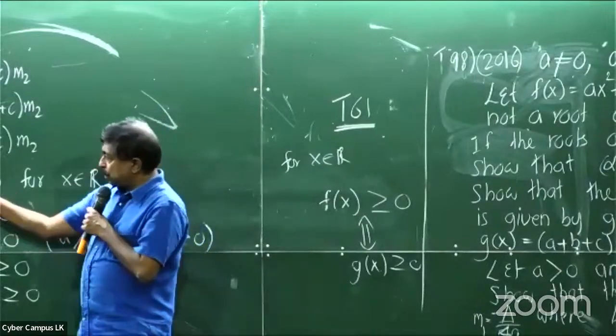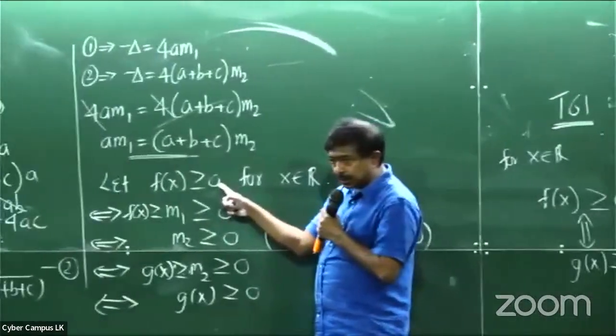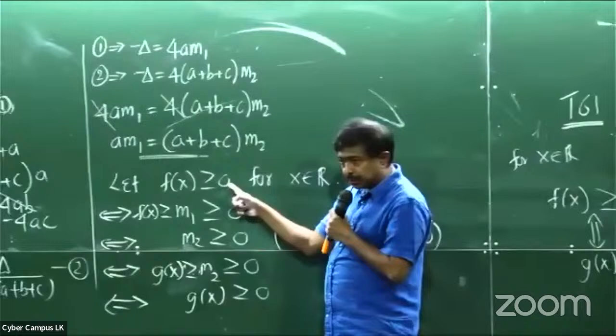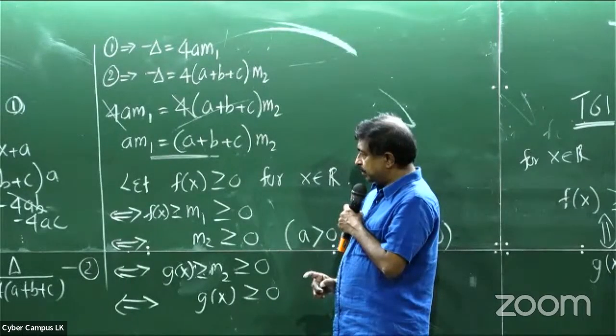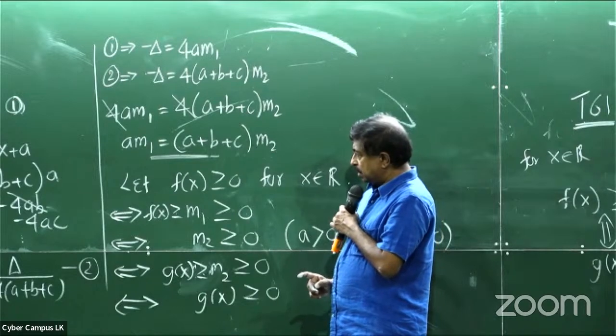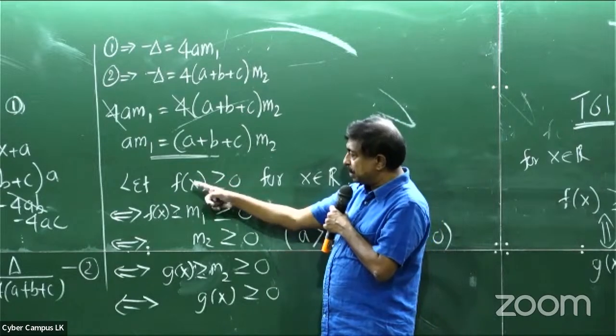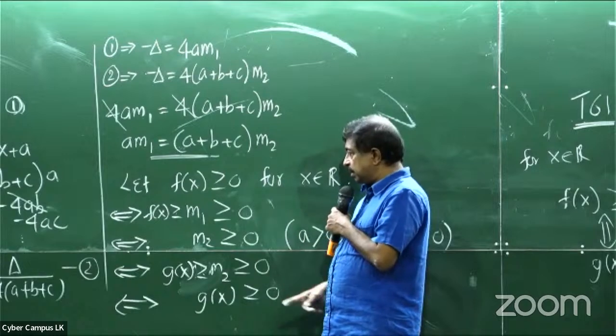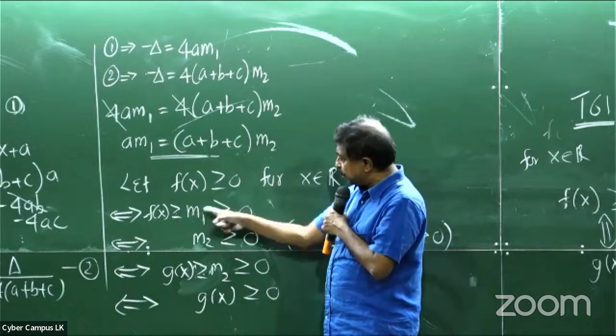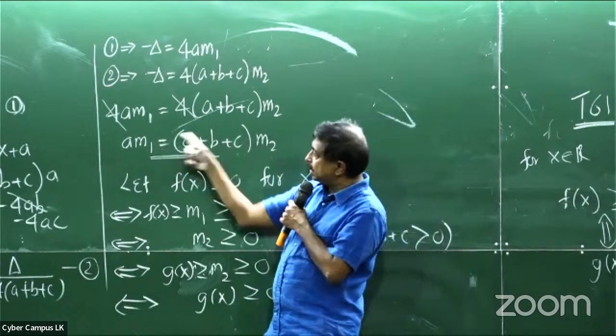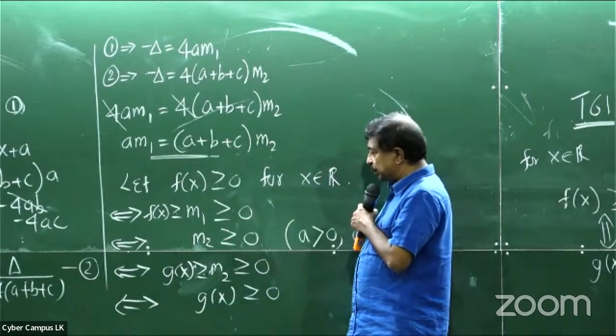Right. Because f(x) is greater than or equal to 0, this can be even 4. The minimum value can be 4. It doesn't matter. With this setup, since M1 is greater than or equal to 0, M2 is greater than or equal to 0.